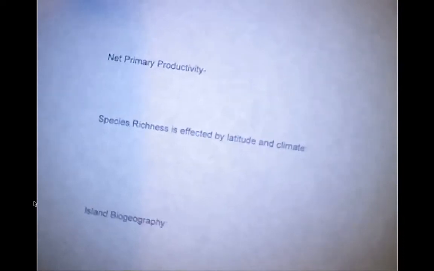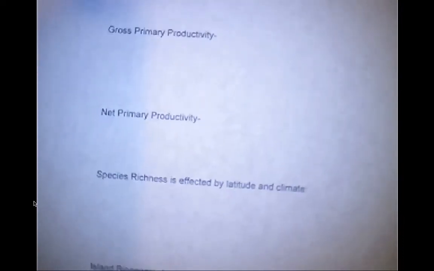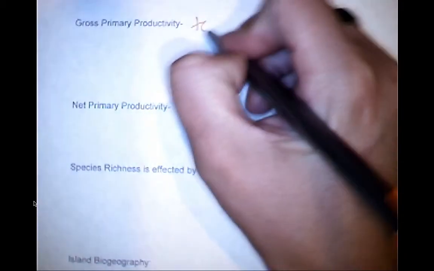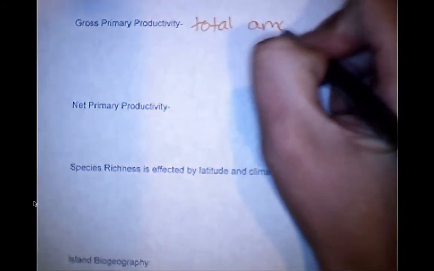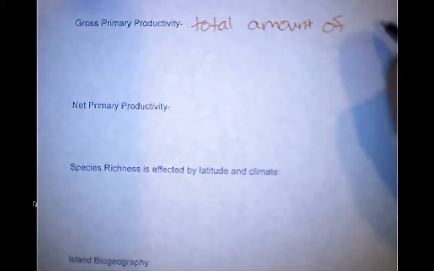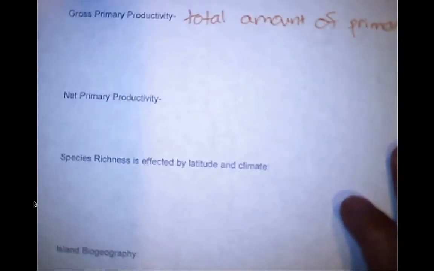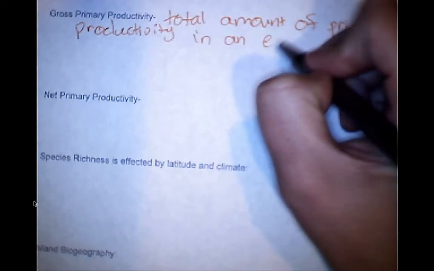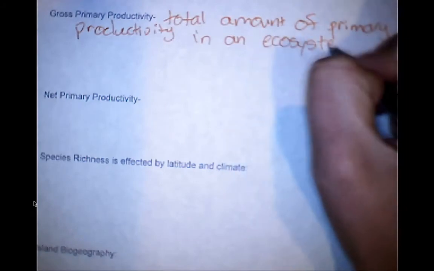These ideas, gross primary productivity and net primary productivity, we're going to look at in your lab, and we're going to measure them. Gross primary productivity is the total amount of primary production, or photosynthesis, or I guess you could also argue chemosynthesis if you're down in a hydrothermal vent, in an ecosystem. Okay.